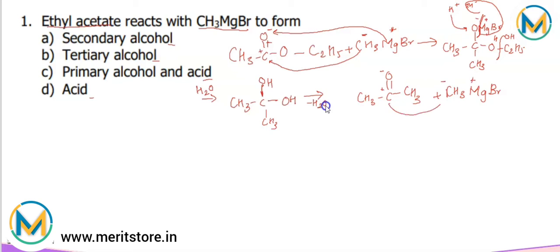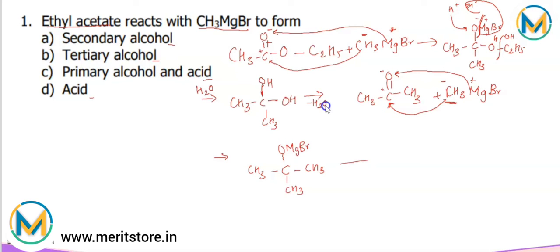Again, a similar pattern: this CH3 will attach to the positive carbon of the carbonyl group and the Mg will attach to the negative oxygen of the carbonyl group. Now what is the expected intermediate product? We get CH3, C, here O MgBr, then this CH3 as it is, and now this CH3 will come here.